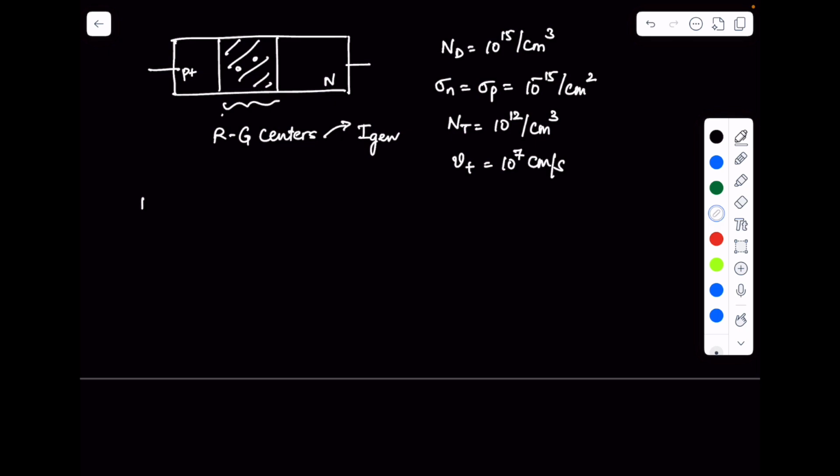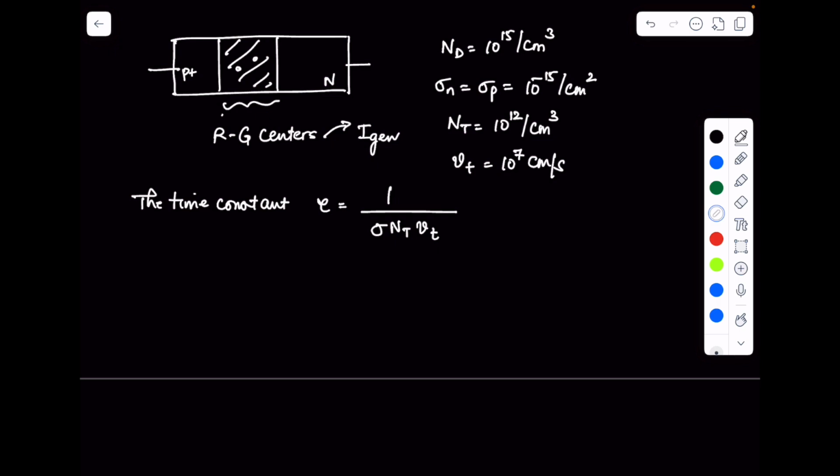The time constant for generation is given by tau, which is 1 by sigma Nt into Vt. Here we are talking about generation recombination happening in the depletion region inside the N region.